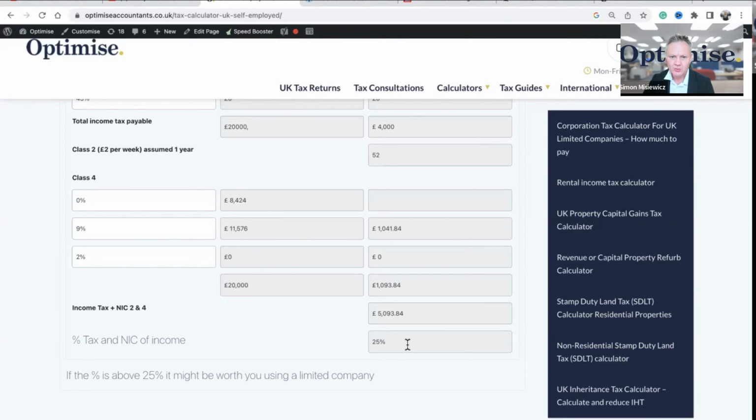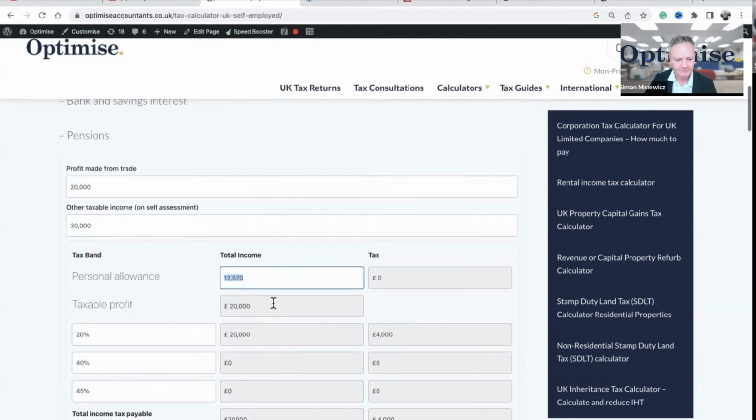After April 2023, of course, we've then got an effective rate of 26.5% corporation tax, which then goes down to 25%. But nevertheless, if you've got a side gig going on, is it better for you to have that in a limited company? That's for you to discuss with your accountant and to see if it makes sense.